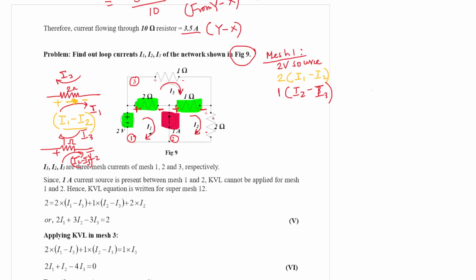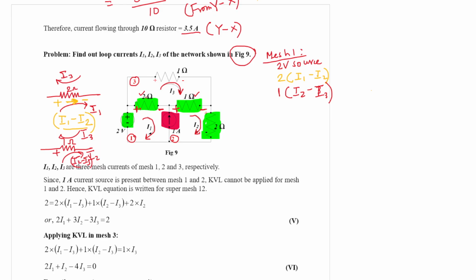Last, we have this 2 ohm resistor. There only one current is flowing, because this 2 ohm resistor is the only resistance that belongs to mesh 2 alone. The other resistors are common to two meshes: this 1 ohm resistor is common to mesh 3 and mesh 2, and this 2 ohm resistor is common to mesh 1 and mesh 3.